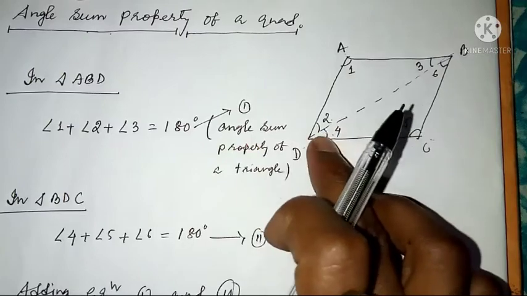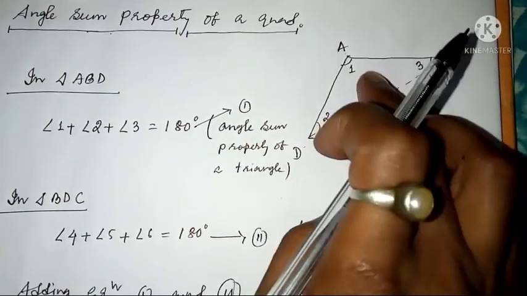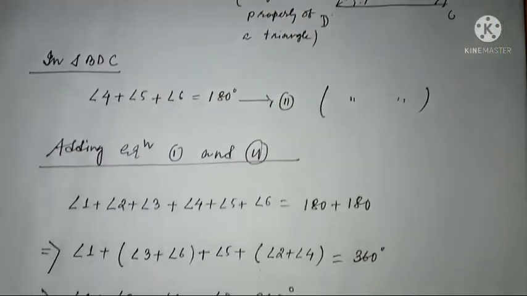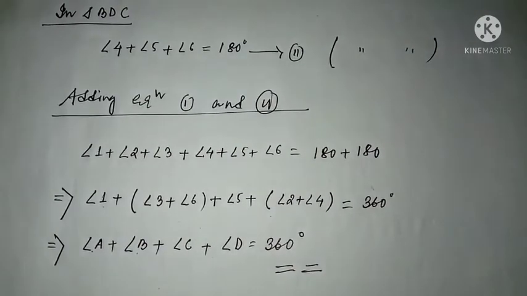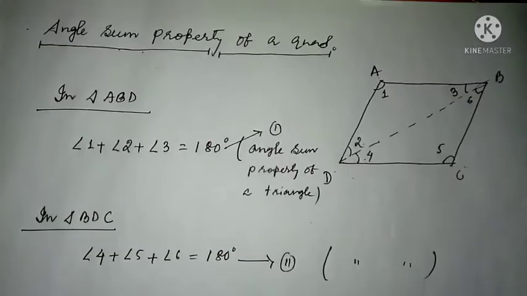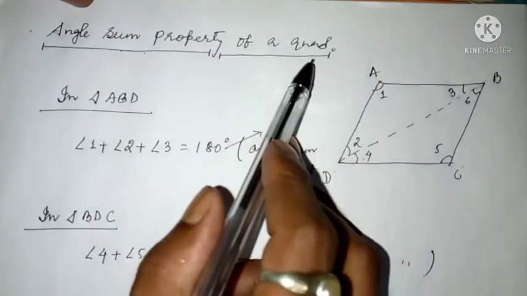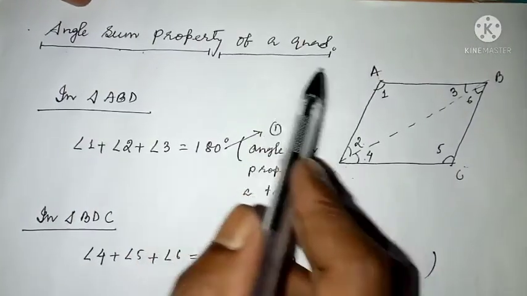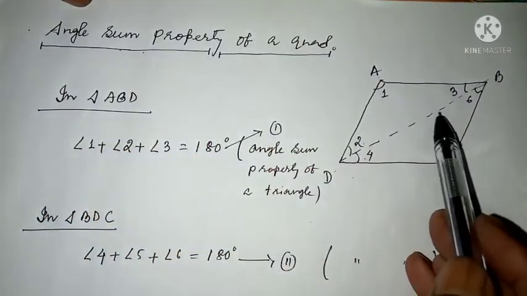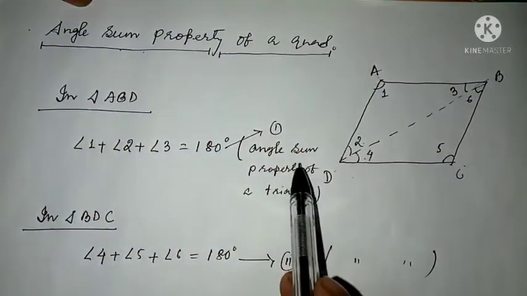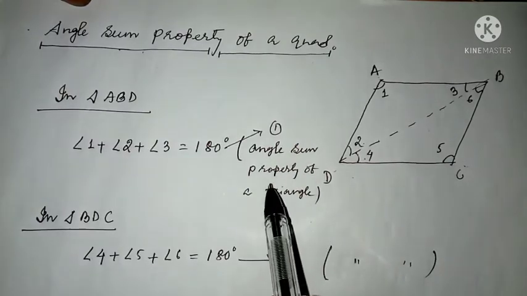So when you sum up the 4 angles of a quadrilateral, it is always equal to 360 degrees. This is how we have proved the angle sum property of a quadrilateral. Clear? To prove the angle sum property of a quadrilateral, we have divided a quadrilateral into two different triangles and applied the angle sum property. It is very simple.